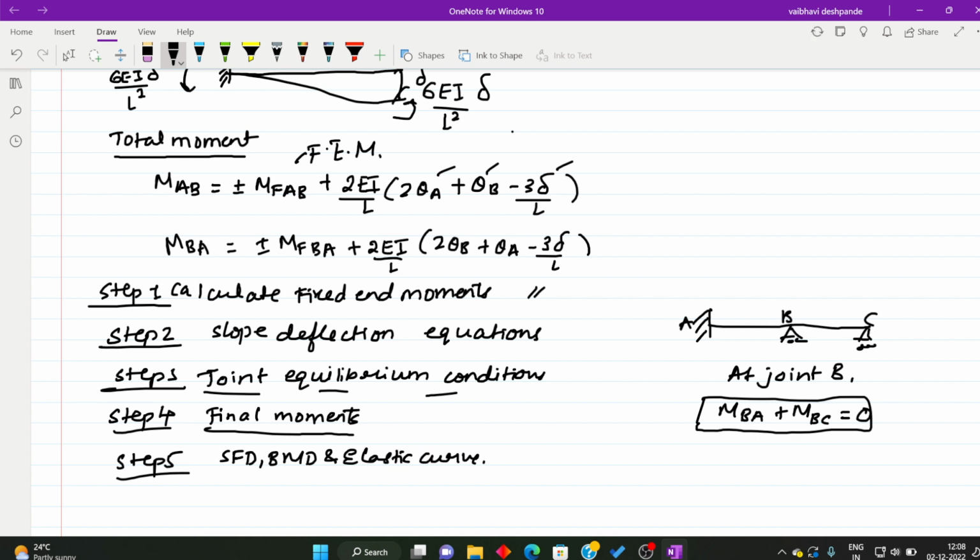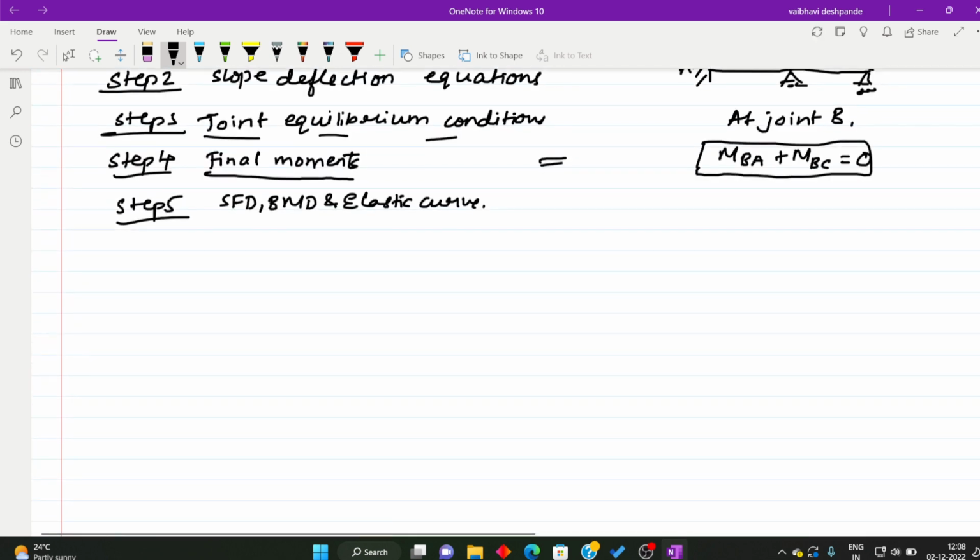So if you follow these 5 steps, every problem is the same. Every problem you have to follow the same procedure. Okay, it is very simple. I'll explain with one example today.